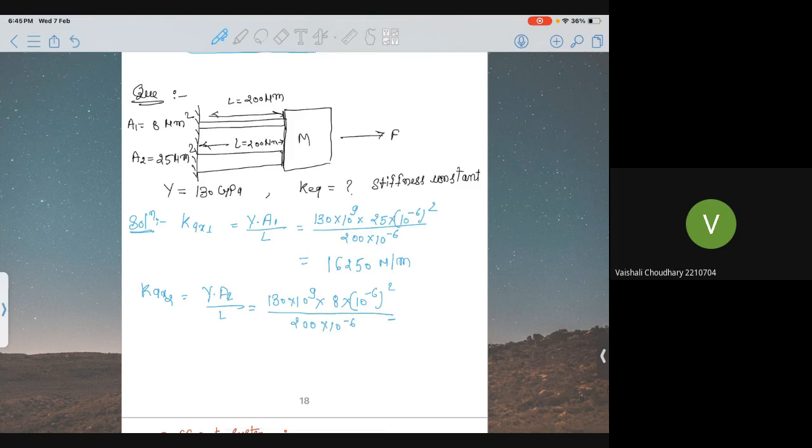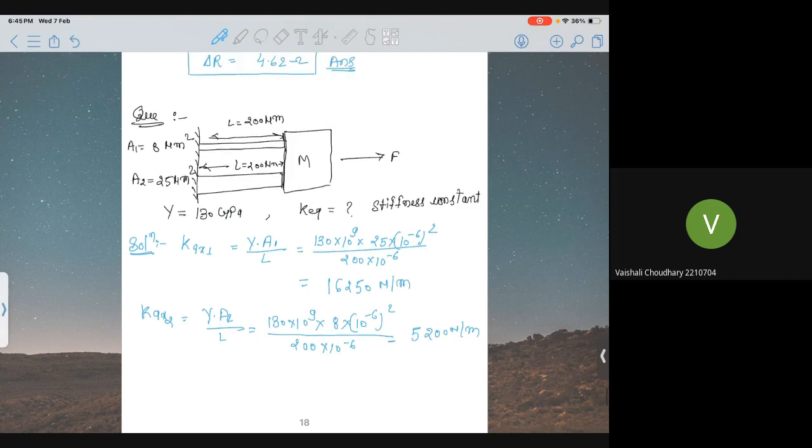So again we'll calculate. Yes, we got 5200 Newton per meter.